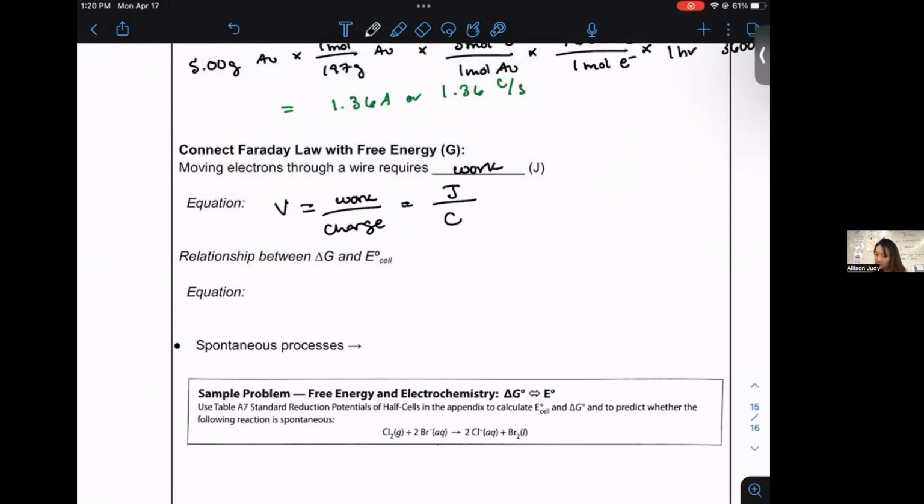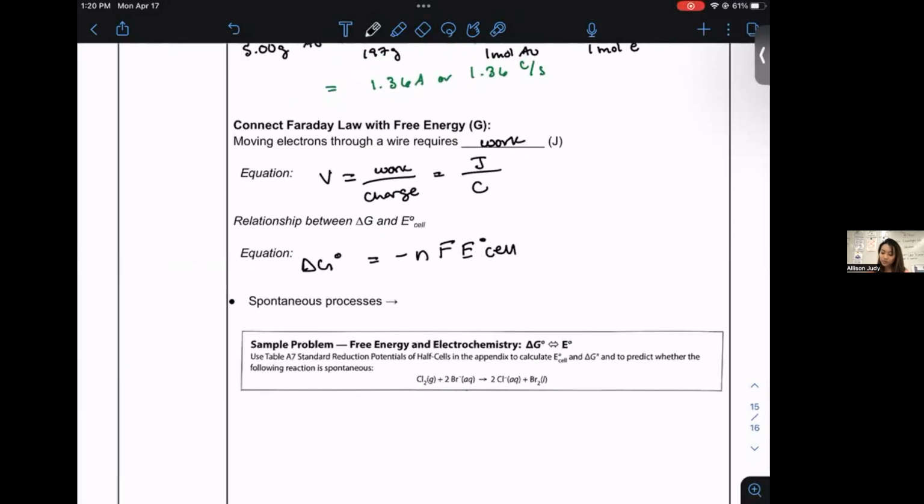Then we get this derivation, and we get that we can calculate the G naught under standard conditions for a process, which is equal to negative moles of electrons being transferred times Faraday's constant times the E naught of the cell.